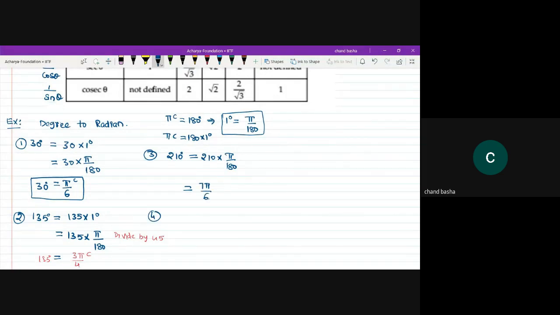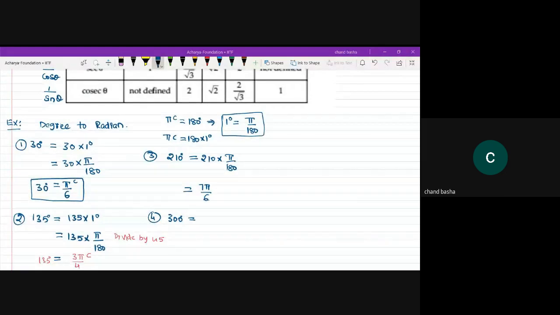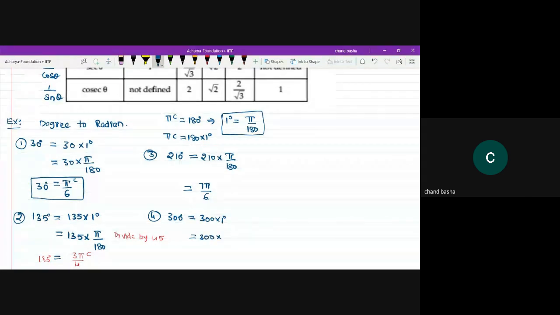Next, the fourth one, 300 degrees. Sir, 10 pi by 6. No, you cannot leave it like that. 10 pi by 6 means again 6 will cancel, so it is 5 pi by 3. Very good. So you can take it as 300 into 1 degree is equal to 300 into pi divided by 180.